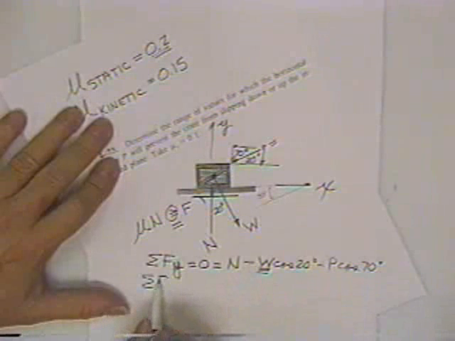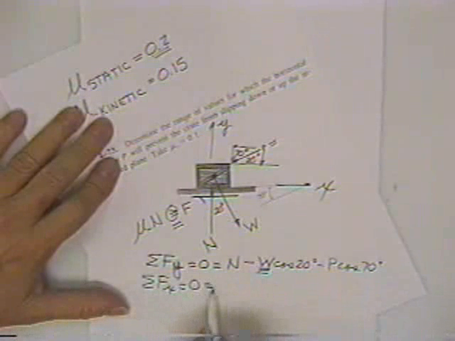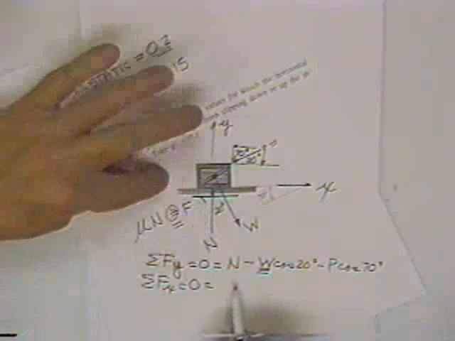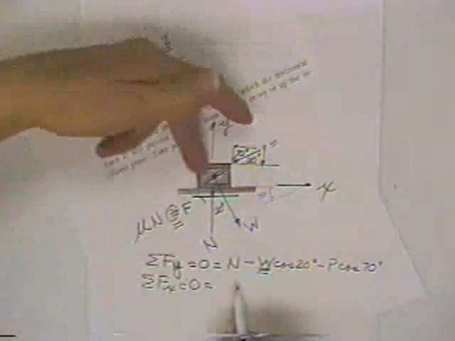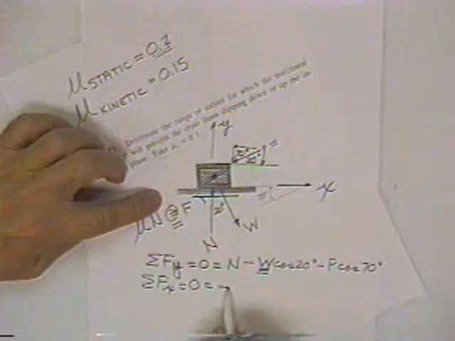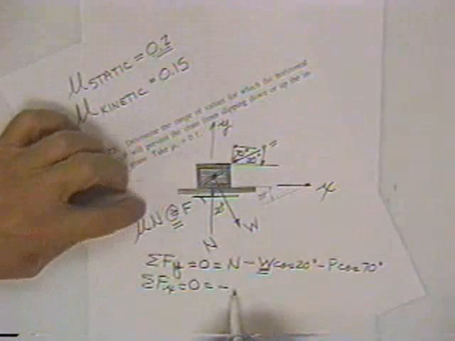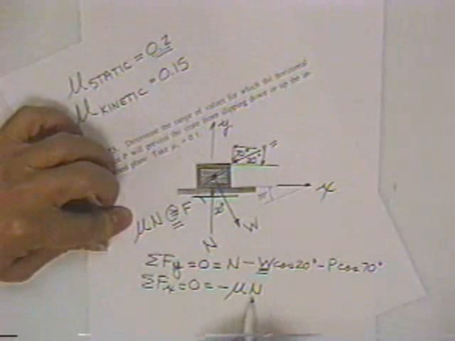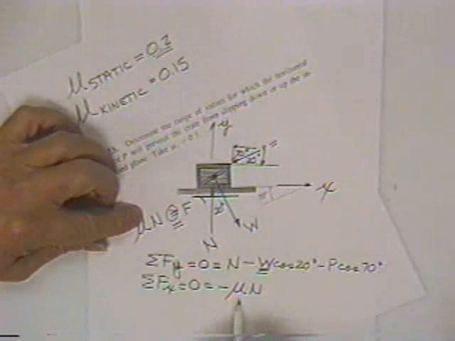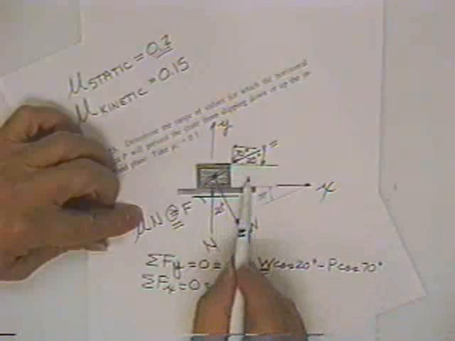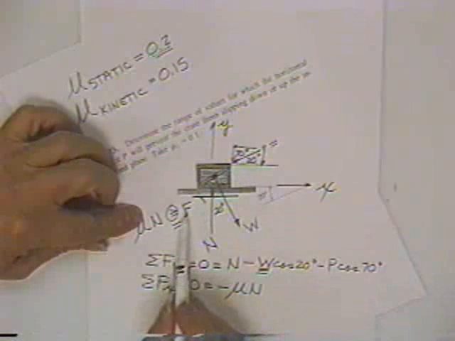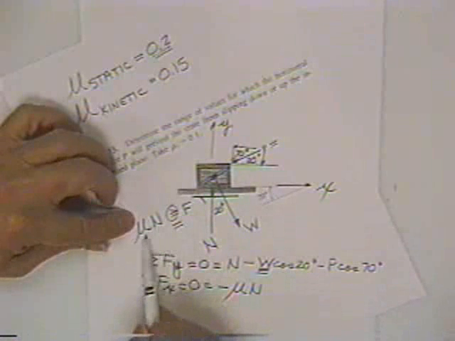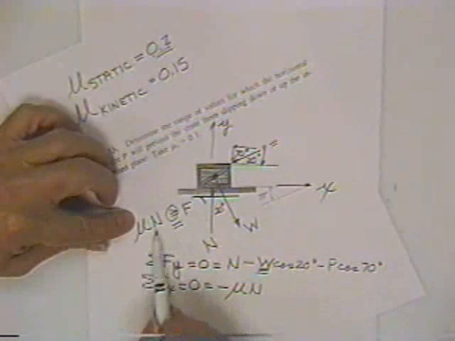Now secondly, the sum of the forces in the x direction has to equal 0. Is equal to, the normal force doesn't have any x component, so I don't have to fool with that, minus the friction force, but that friction force is coefficient of friction times normal. That's as big as it ever gets, and I want it to get that big. In other words, when this thing is just ready to slip, this will start off at 10 pounds, 20 pounds, 30 pounds, 40 pounds, 80 pounds, 200 pounds, and finally get up to this number, and then this number will get no larger.